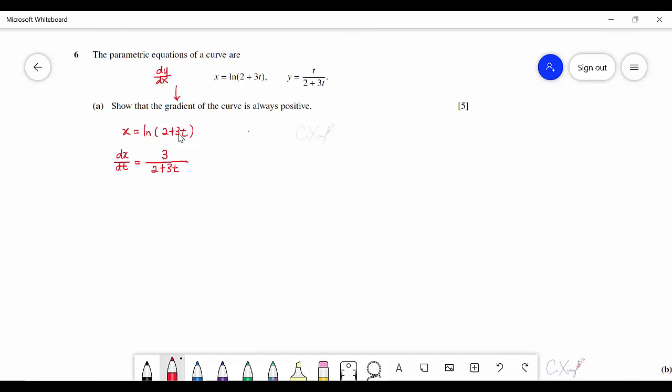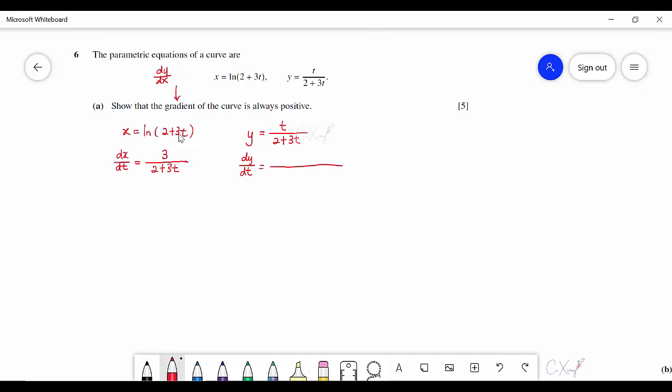Then for the y, I'm having y equals t divided by 2 plus 3t. It is a fraction with t for both numerator and denominator. Therefore, when I want to do the differentiation, I should apply the quotient rule.